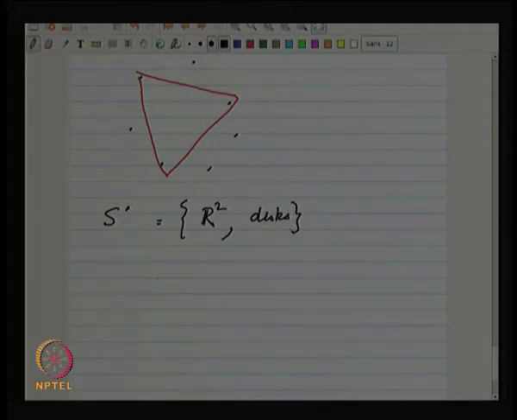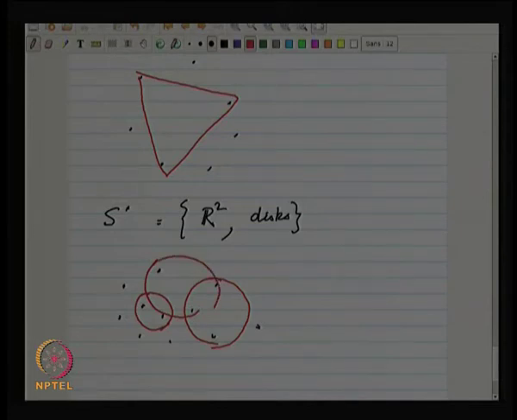Here the points are on the plane, and my subsets have to be disks of any size, it does not matter. What do you think is the VC dimension of this?